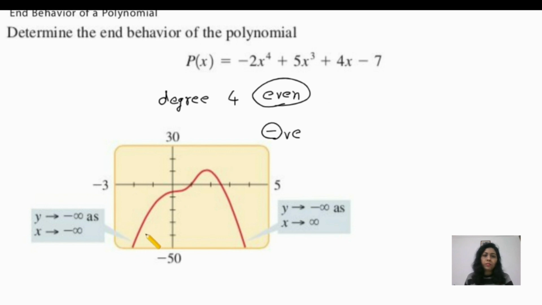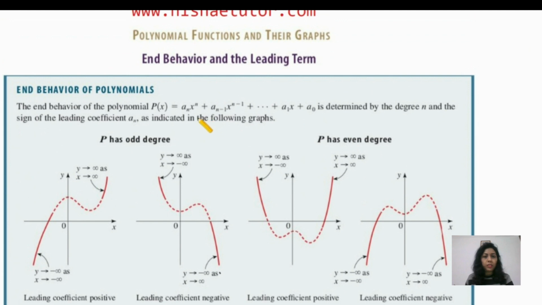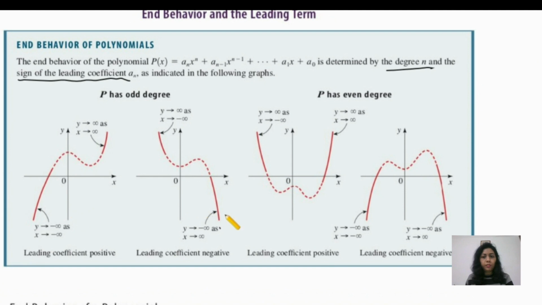So you can easily find the end behavior, and you just have to know two things: the degree of the polynomial and the sign of the leading coefficient a_n. And then you can decide. You have four choices according to the degree n, odd or even, and the sign of the leading coefficient, positive or negative.